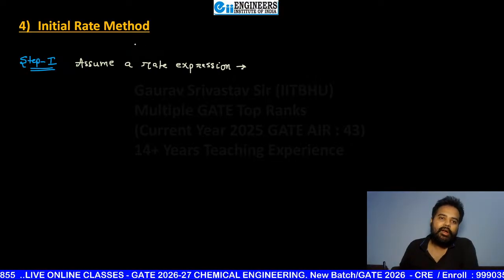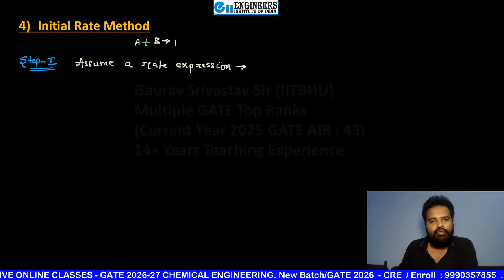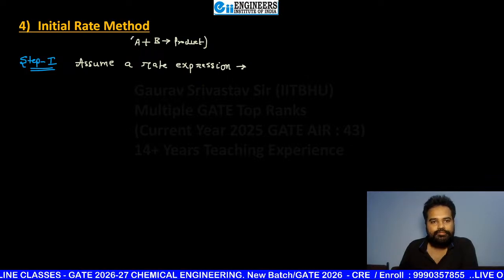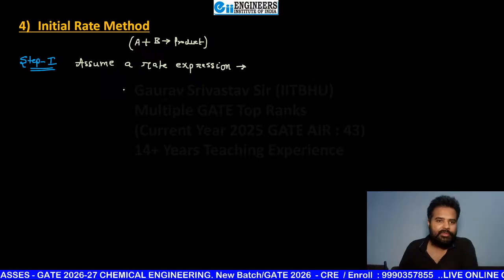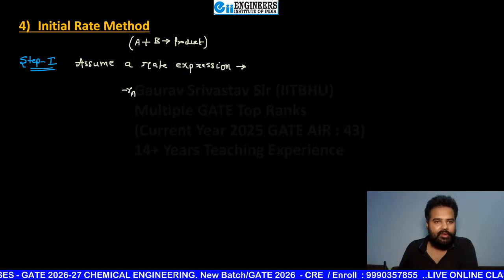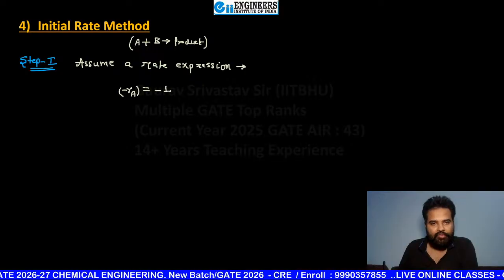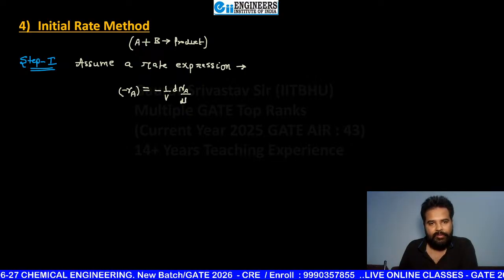Suppose the reaction is A plus B forming product. Suppose the rate expression is rA equals minus 1 by V dNA by dt.